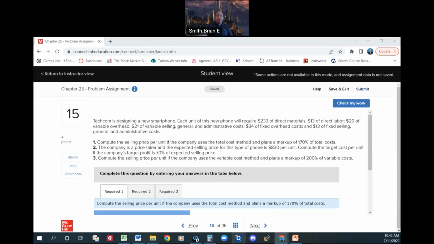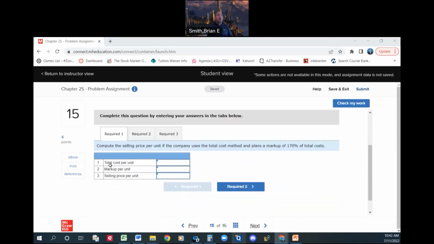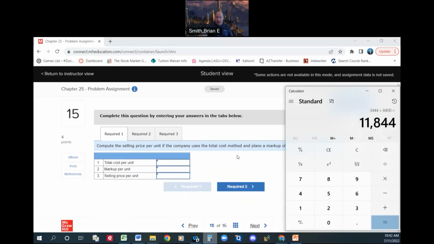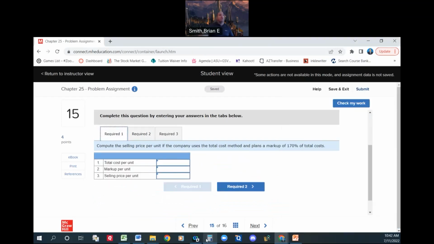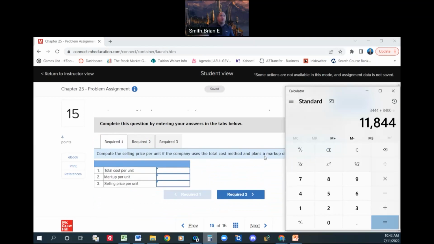The company uses the total cost method and plans a markup of 170% of total costs. Okay. So our total cost per unit, we're going to need to add up our direct costs. I was hoping they're going to give us that spreadsheet that we looked at in the lecture.